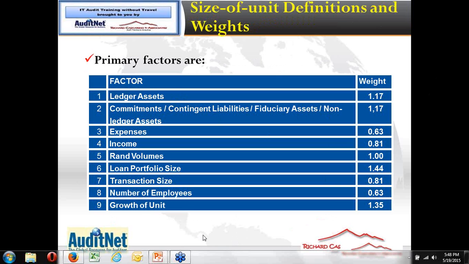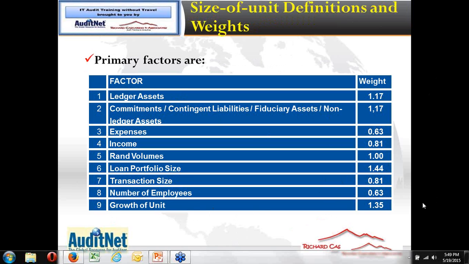And then sitting with management saying, okay, for this particular financial institution, which of these are the biggest risk to us? This particular one has said number one risk is our loan portfolio size. So each of them gave a weighting. We took them, we averaged them, and came up with the weighting.